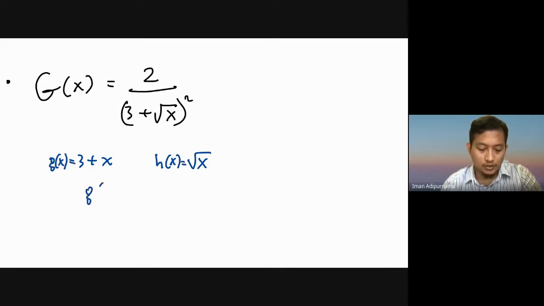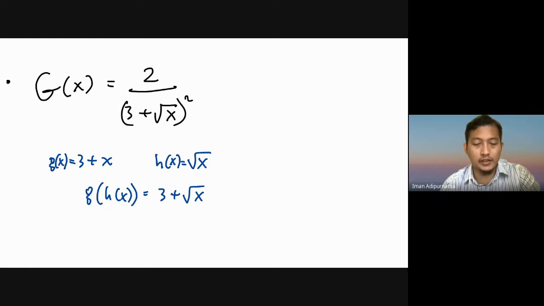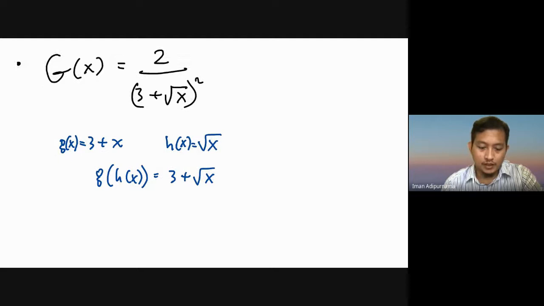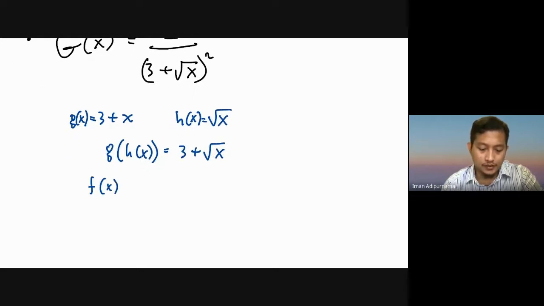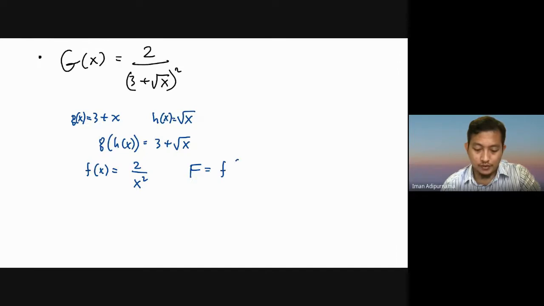When you combine these two together, it will be 3 plus square root of x. And then for the f, we can make this x, and then it has squared. So the big F, we will have 2 over 3 plus square root of x, and then squared.